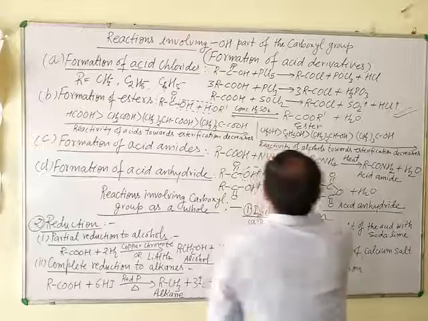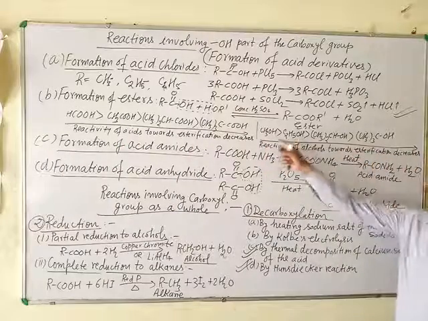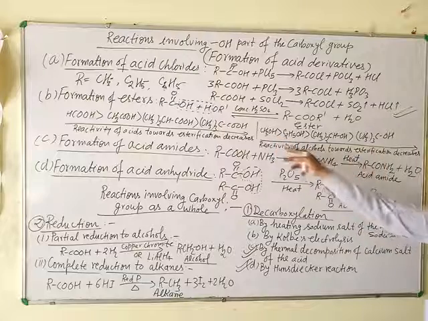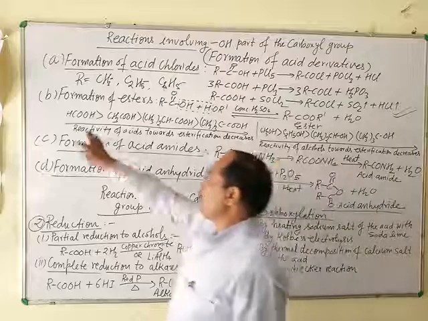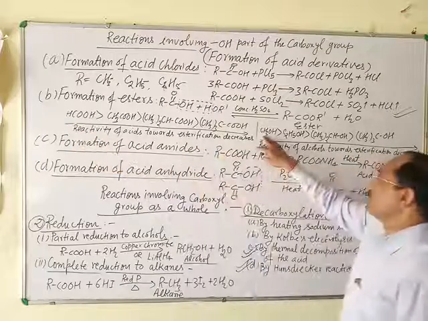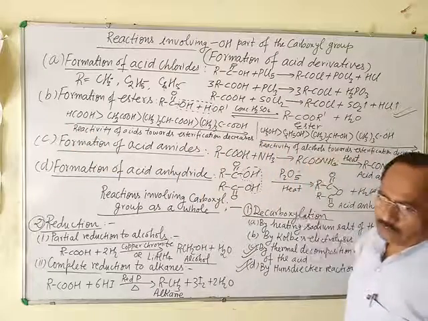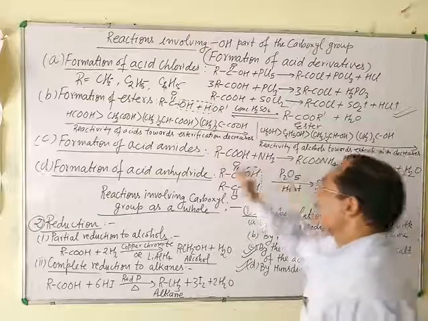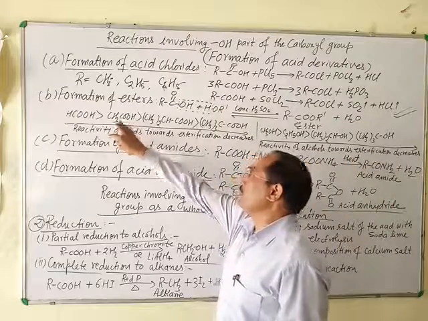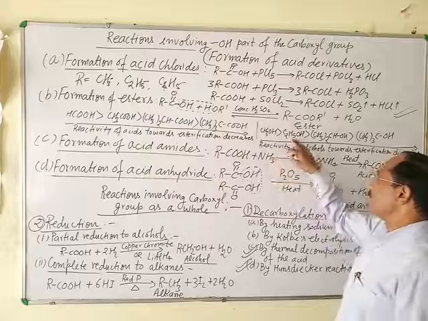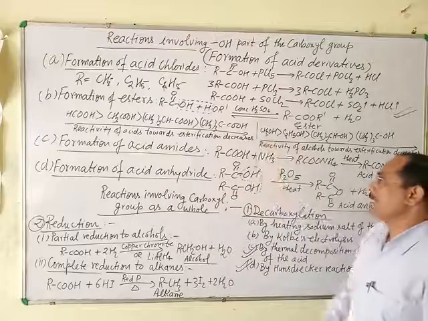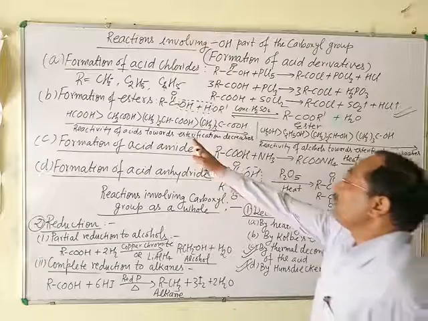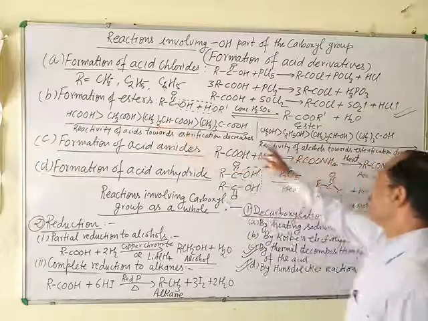Similarly, the rate of esterification of different alcohols decreases in this order. It means esterification between formic acid and methyl alcohol is the fastest reaction. Then esterification between acetic acid and ethyl alcohol is slower than the first reaction. Similarly, the rate of esterification decreases in the same order.